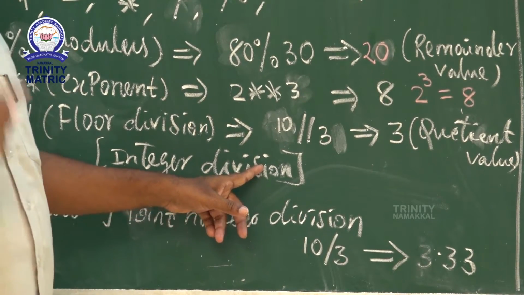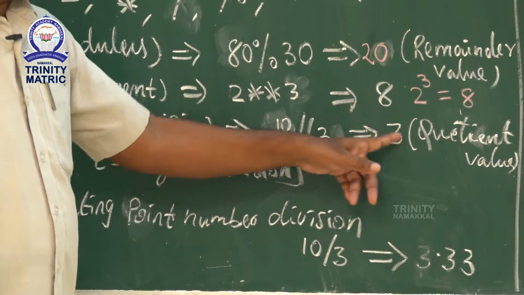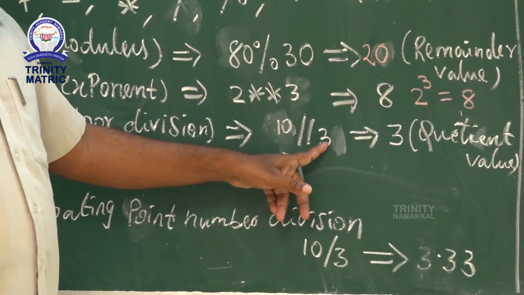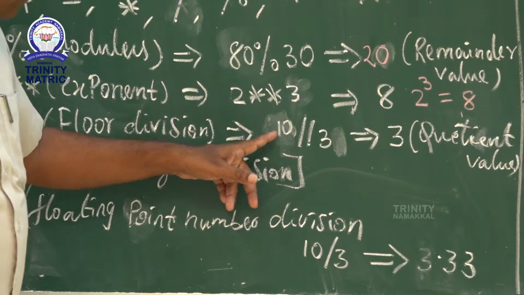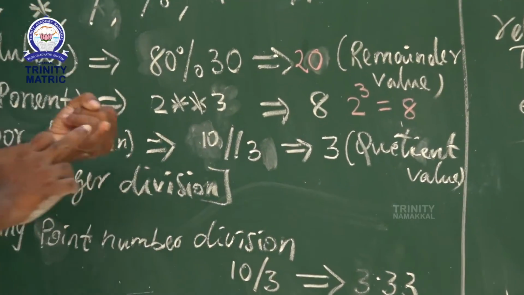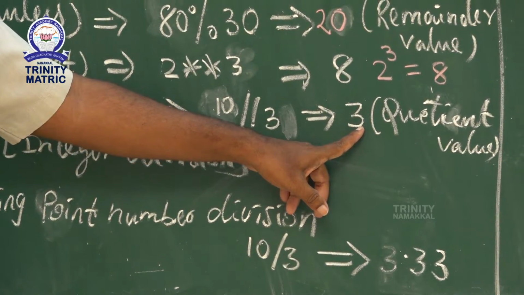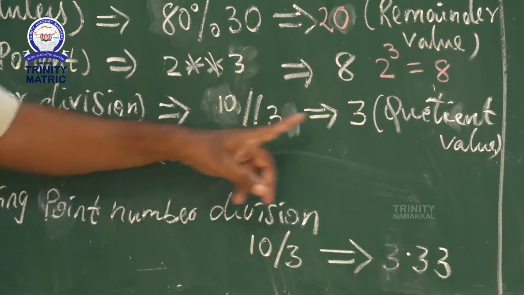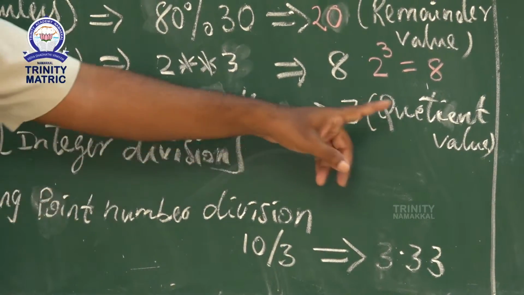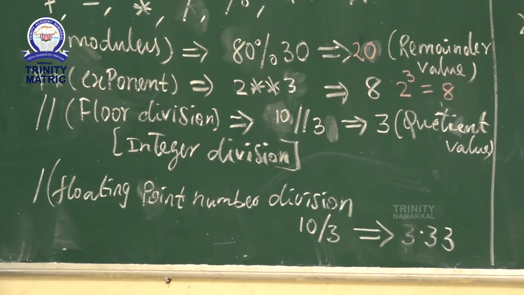See 10 double slash 3. Just say the 3 table: 3 1s are 3, 3 3s are 9. But what is the quotient value here? 3 3s are 9, so the result 3 is given. The output of this expression is 3. Keep in mind, the quotient value of the division is returned as the result.